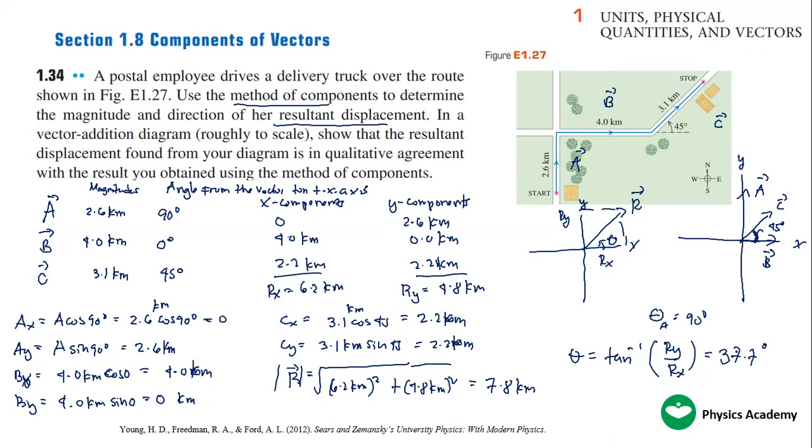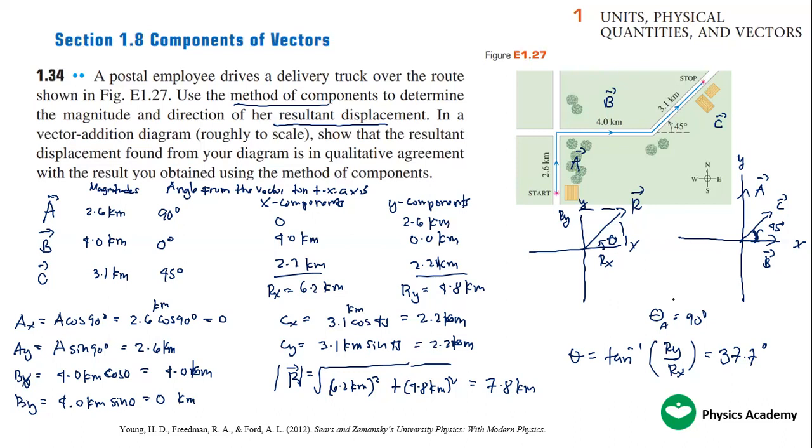So that is our answer for exercise 1.34: 38 degrees and 7.8 kilometers.